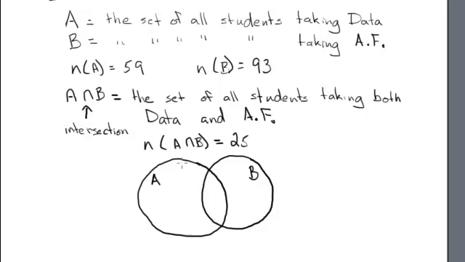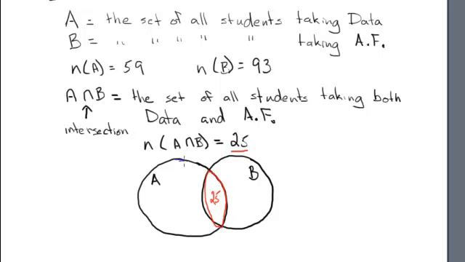This part here, which just has A, this part here, which just has B, and then I'll do this with another color, this part here, which is both A and B. Now we're just going to put the number of elements in each section. This part includes both A and B, so this would be the 25. So 25 students go here.